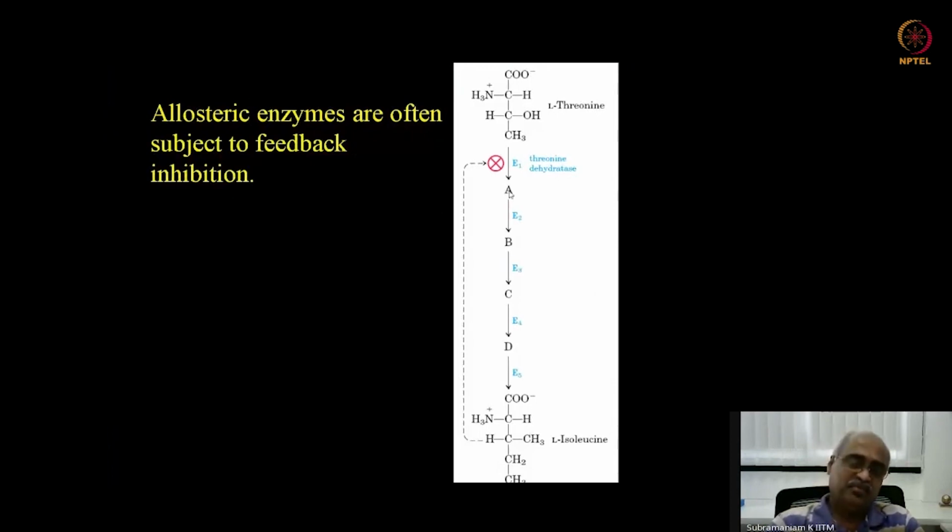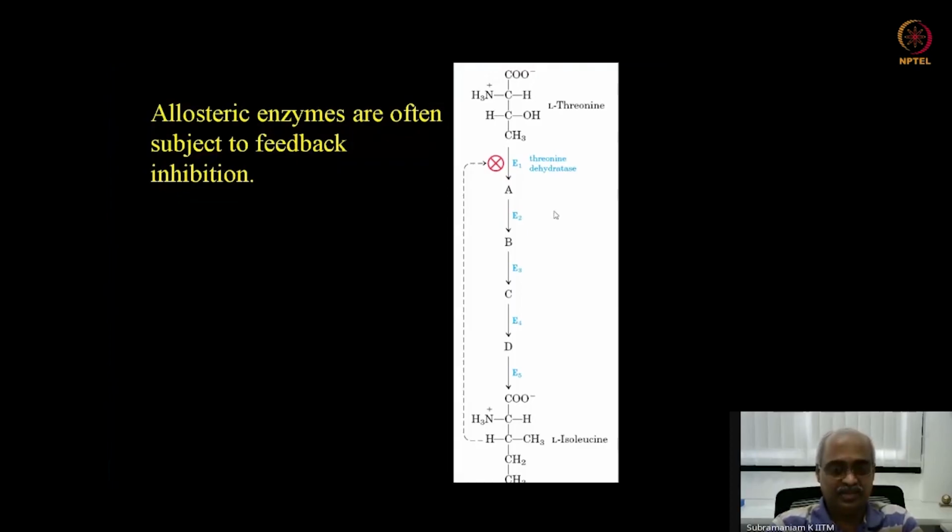Let us say formation of A from threonine is only for the purpose of making isoleucine, and A has no other fate, which is the word we commonly use, in the cell. That is, A is not useful in any other manner in the cell.